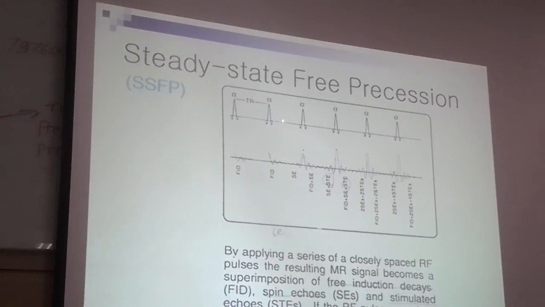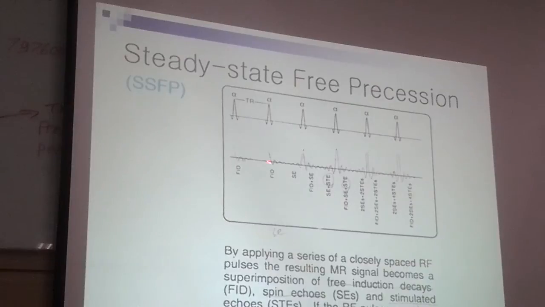But from the third RF pulse, the primary echo, or Hahn echo, is generated from the first and second RF pulses here. Just after the third RF pulse, on the right side of it, the FID signal from the third RF pulse and the spin echo, the Hahn echo signal, are overlapped here.